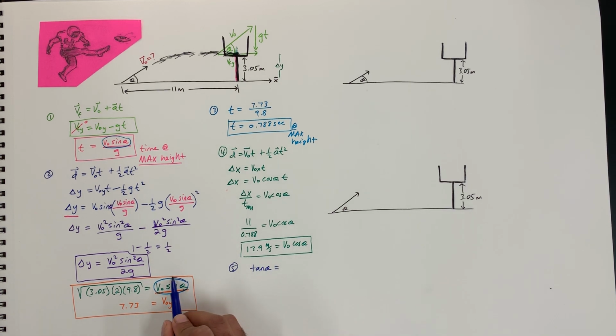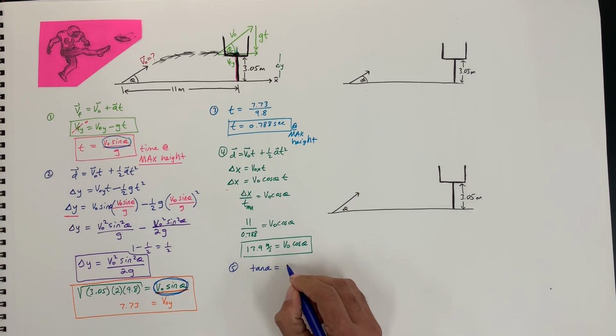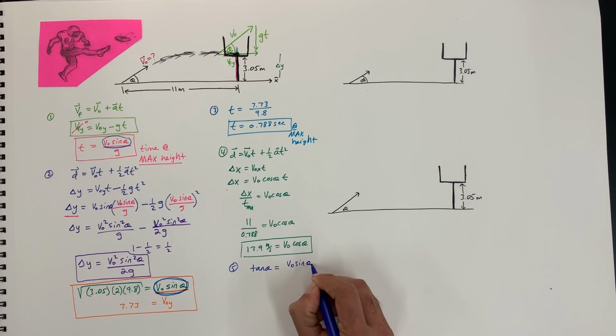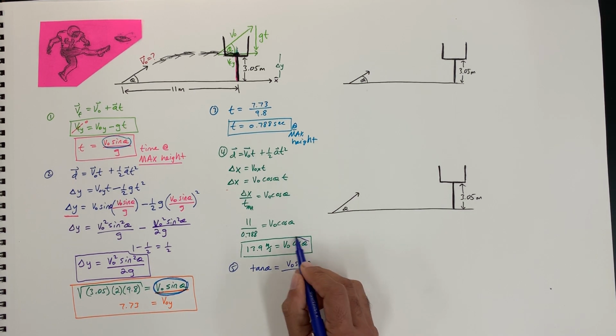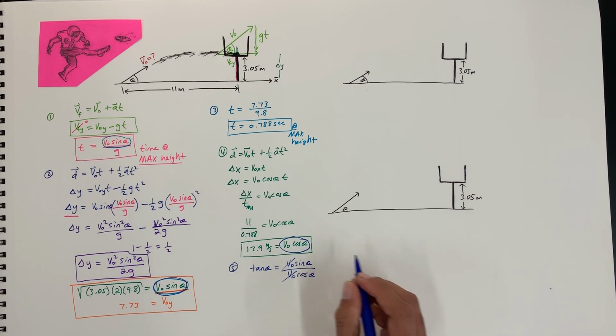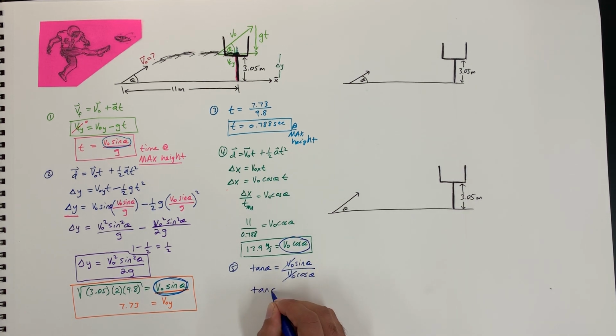We take this term here, velocity initial sine, and this term here, velocity initial cosine. We cancel out velocity initial, and we have sine over cosine, or we can use the values that we were given.